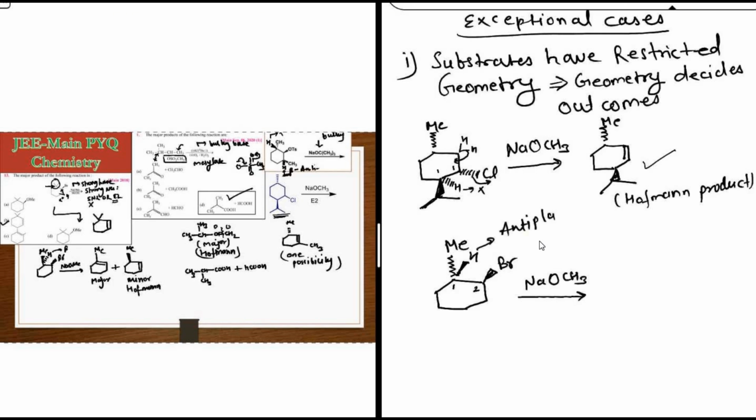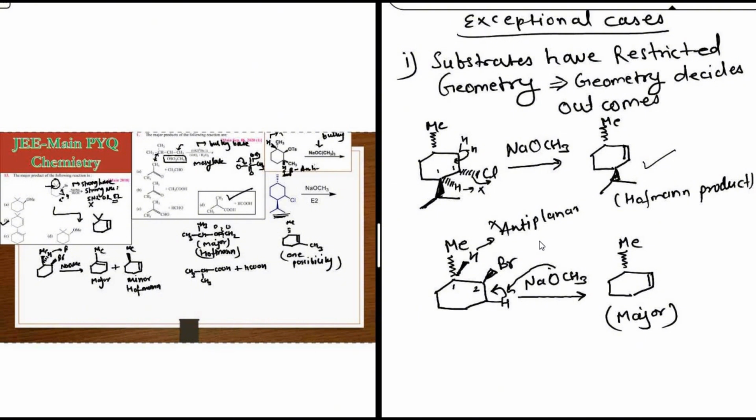You can't bring it to the anti-periplanar, and hence the base will prefer to abstract the proton from this side, and then you will have the less substituted alkene as the major product. So you will get this major product, or it could be exclusive also. So these are the exceptional cases where geometry decides the outcomes. So please remember these kinds of examples.